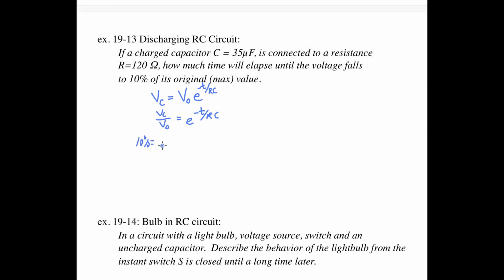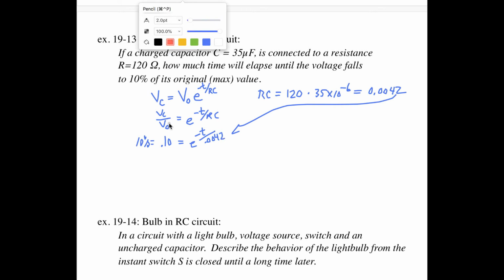So we can turn that into 0.10 equals e to the minus t over RC. So we should go to the side and calculate what our time constant is. That would just be 120 times 35 times 10 to the minus 6, and that would give us 0.0042.